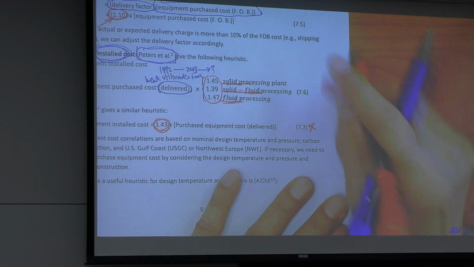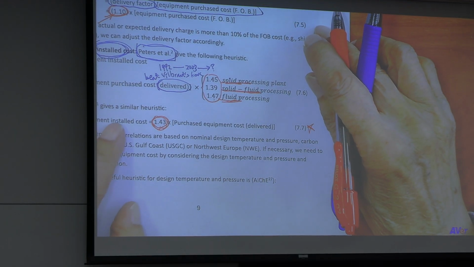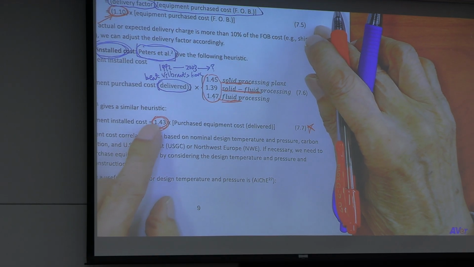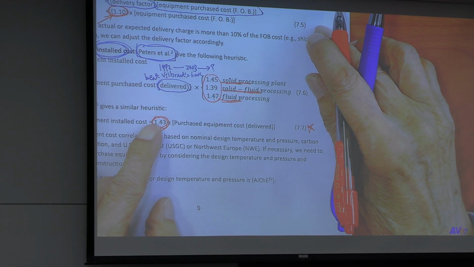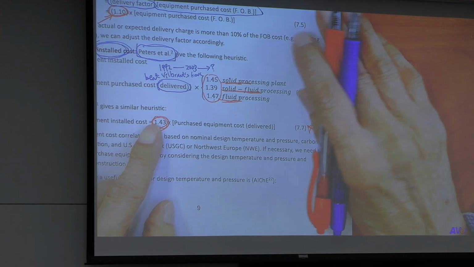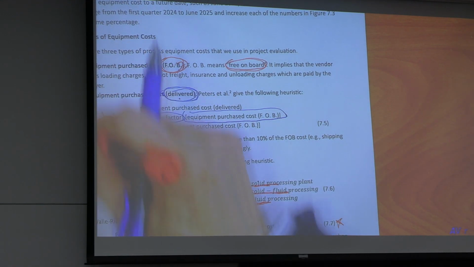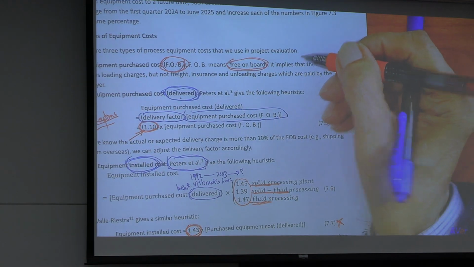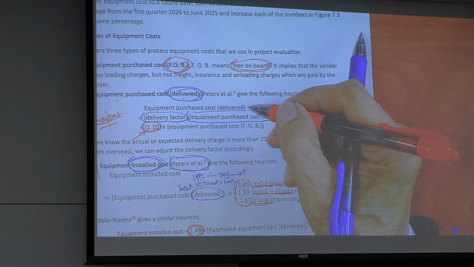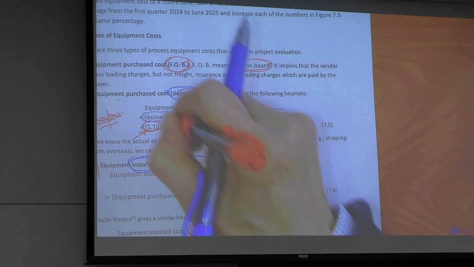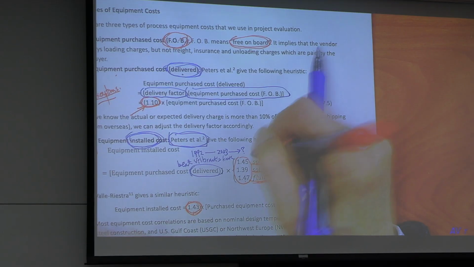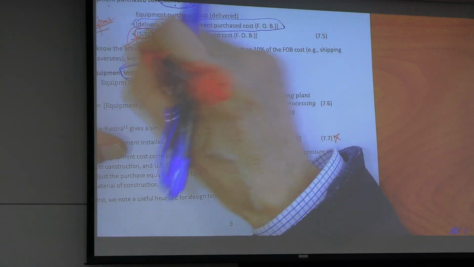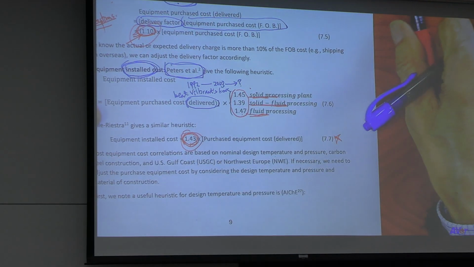So, equipment install cost 43% more. And in a minute, we'll find out what cost correlation gives you. You need to go through delivery factor, install factor: 1.10, 1.43.